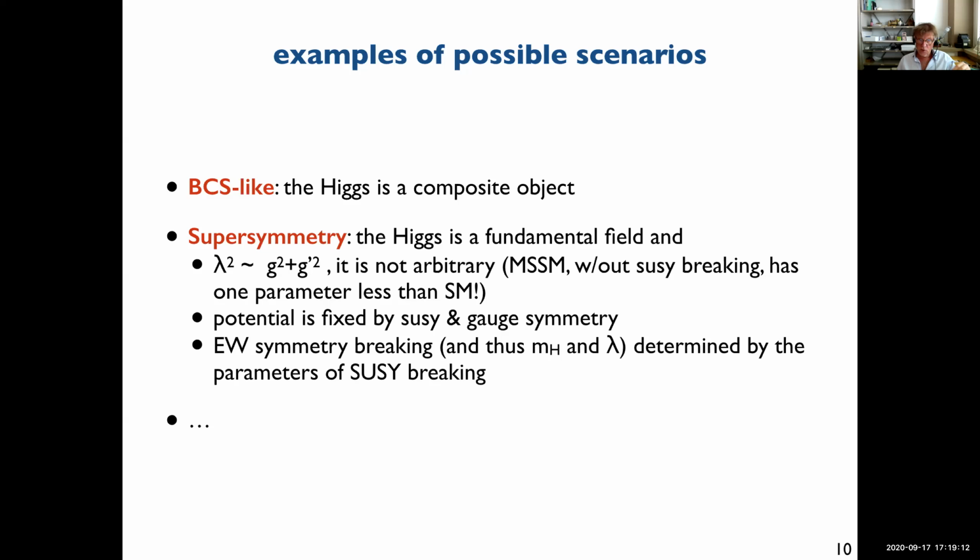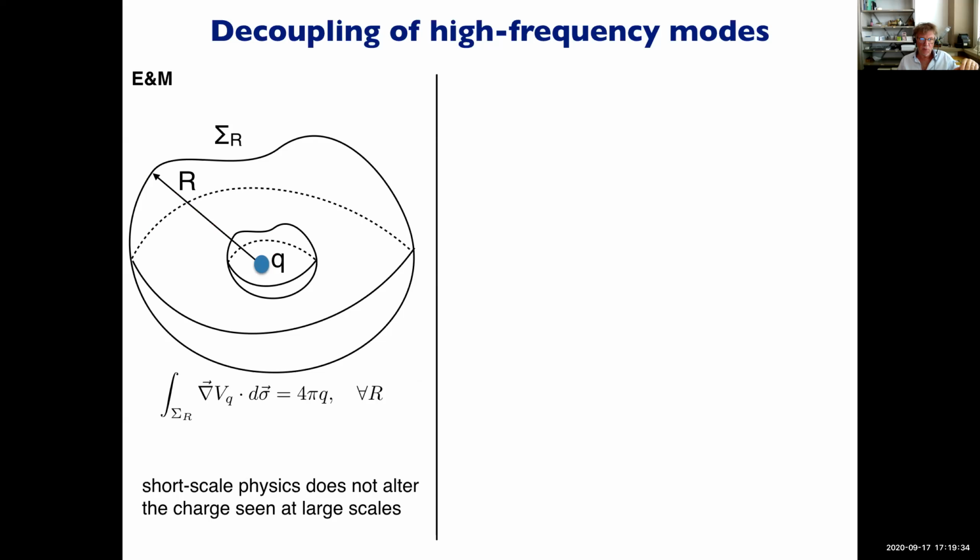So the Higgs is not arbitrary; it follows from supersymmetry, and the details of the Higgs potential follow from supersymmetry breaking, so that they have some more fundamental connection with underlying physics or symmetries. So these are examples of possible scenarios, and there are many more.